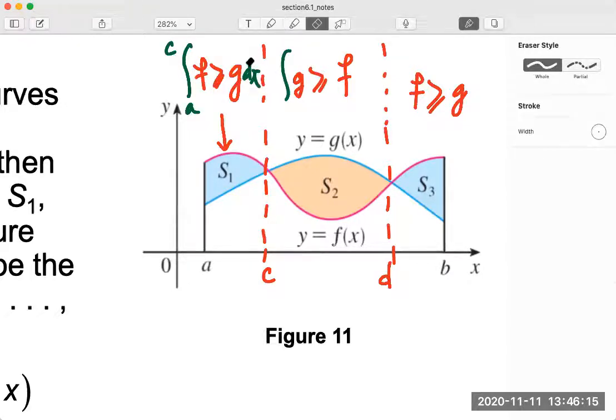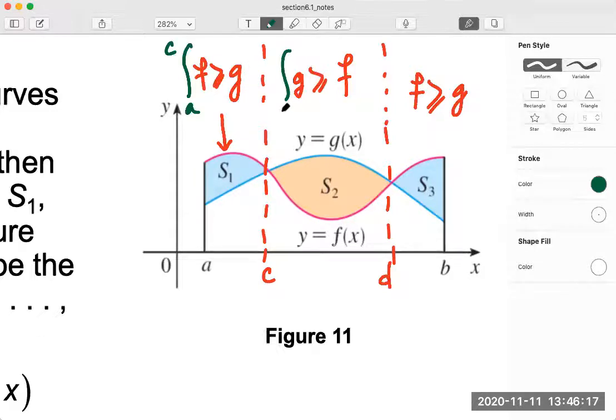C to D, and then the integral from D to B, right? And remember, the integrand will be the difference of the larger one minus the lower, smaller one.